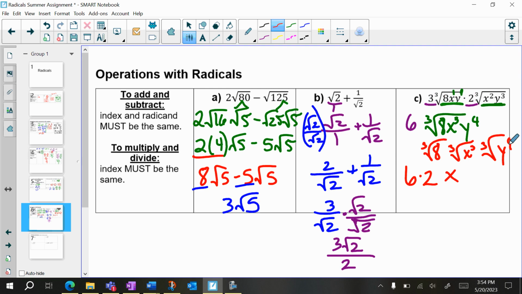And because I have a fourth power here, I want to break this down to the cube root of y cubed and the cube root of y. Because remember, y cubed times y is y to the fourth. I'm just rewriting it. The cube root of y cubed just simplifies to y. So I'm going to put this all together. 6 times 2 is 12 times x times y times the cube root of y.